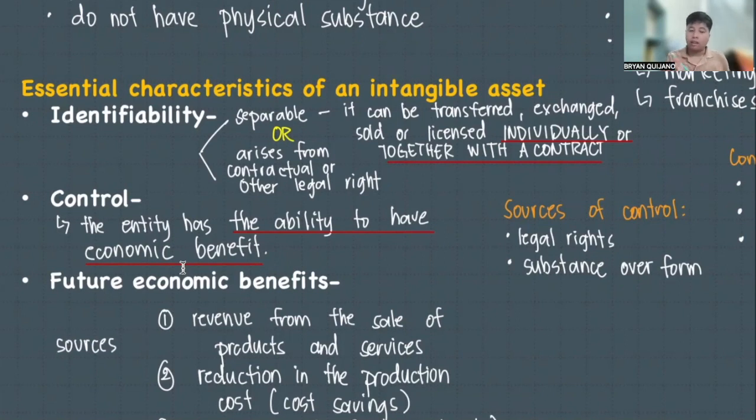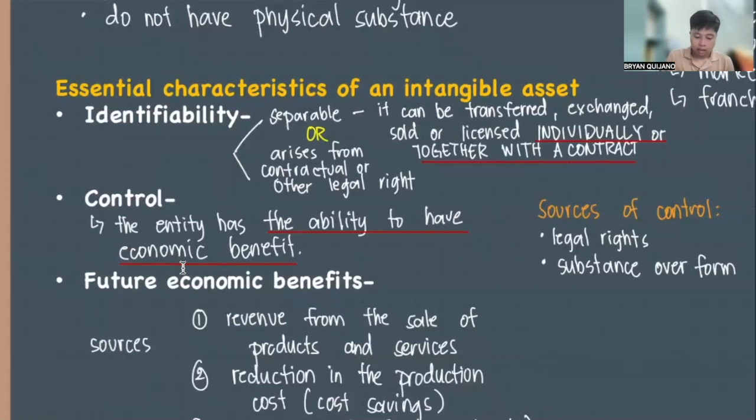But at the end of the day, what you take a look at is the capacity for you to transfer it, sell it, or license it. In some other scenarios, you can rent out the intangible asset, or exchange it for another intangible asset or for other assets.